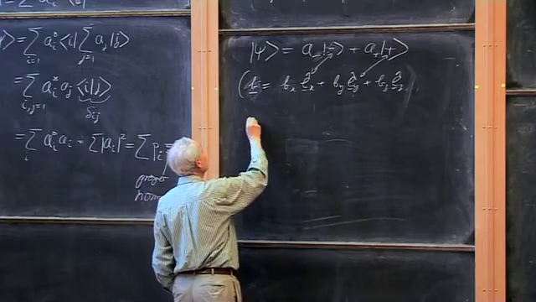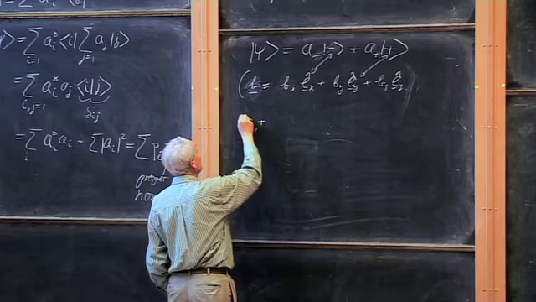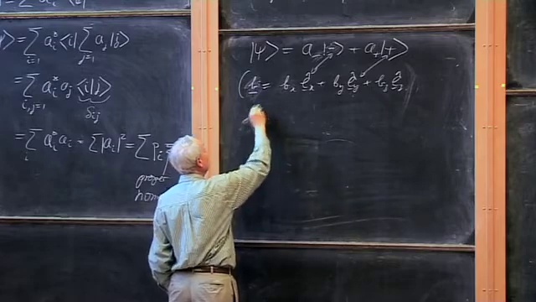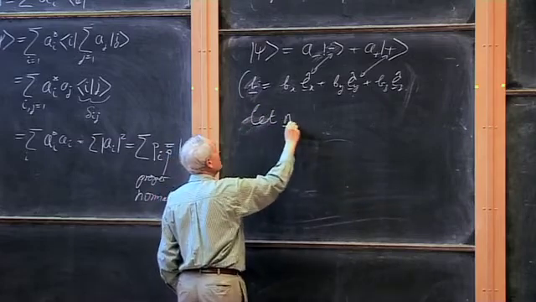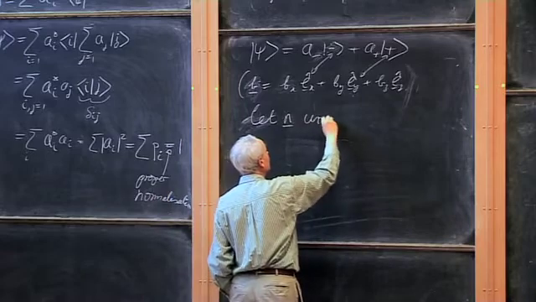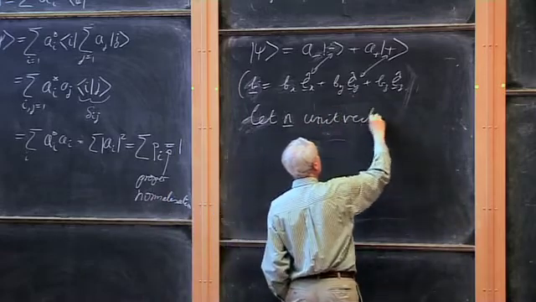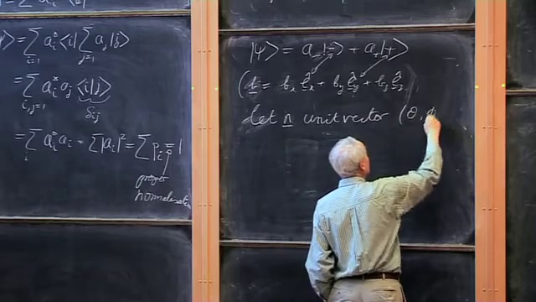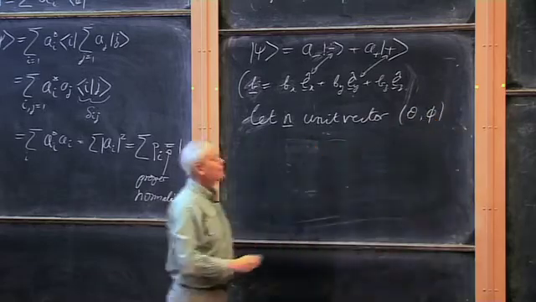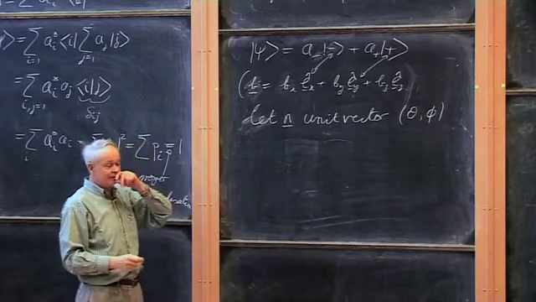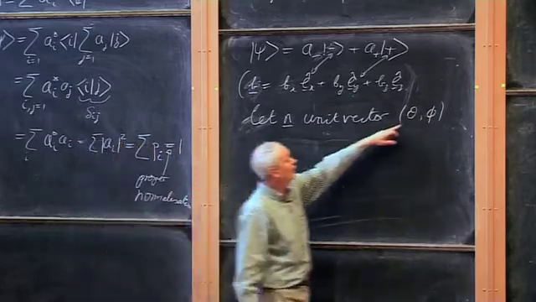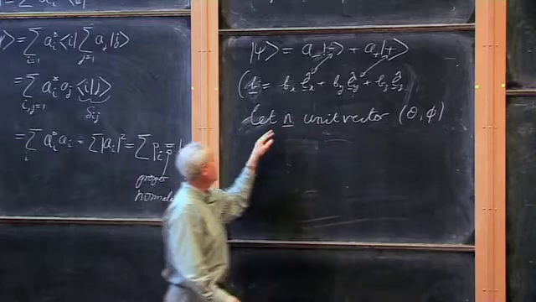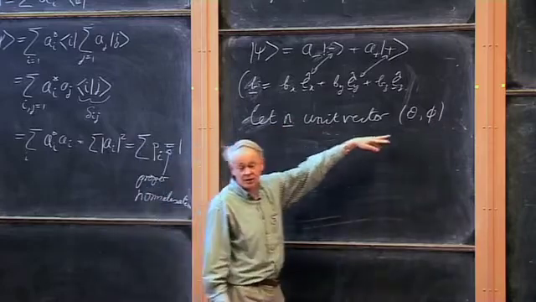So if we have a unit vector n, and it's in the direction theta and phi, these are regular polar coordinates which are defining a direction by pointing to a place on the unit sphere, and let n be the unit vector that points in that direction.